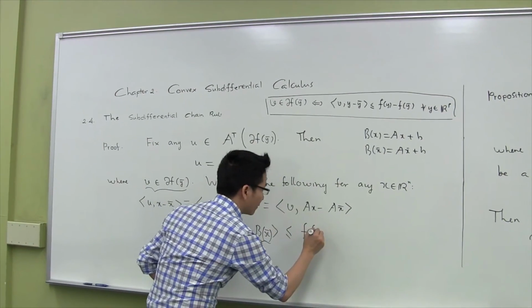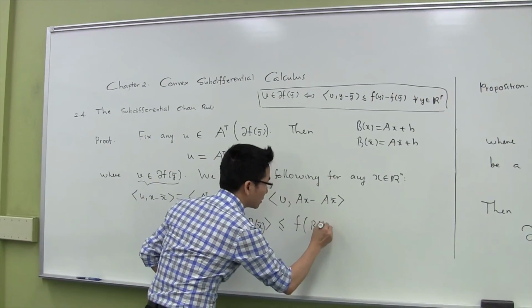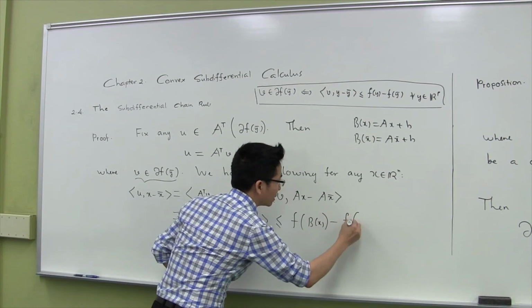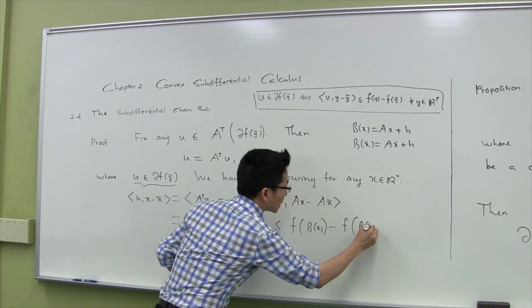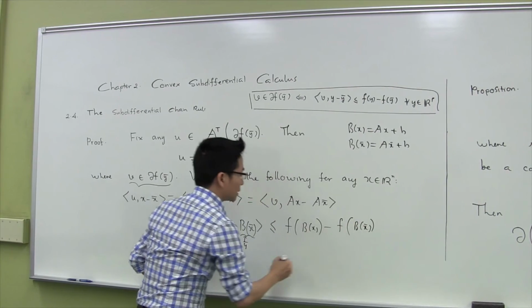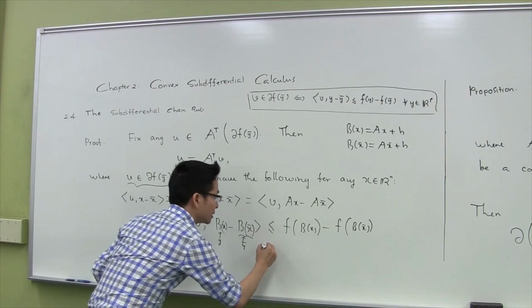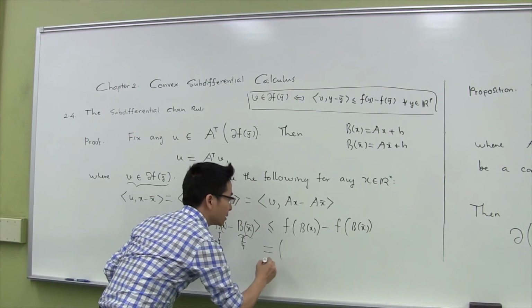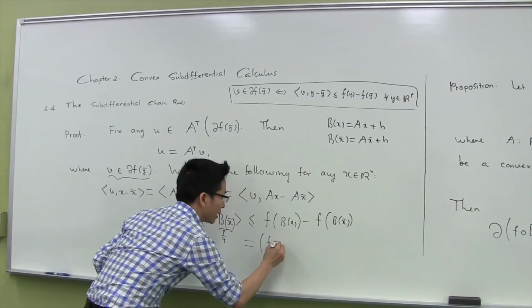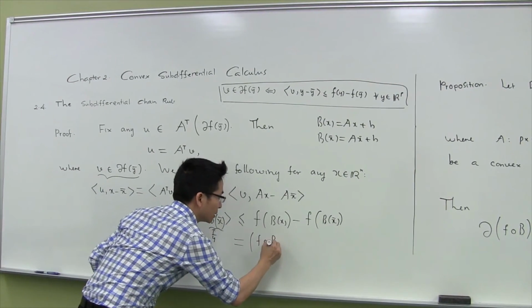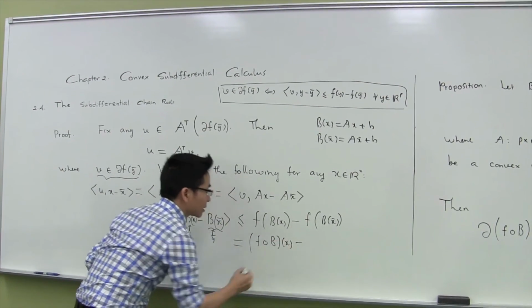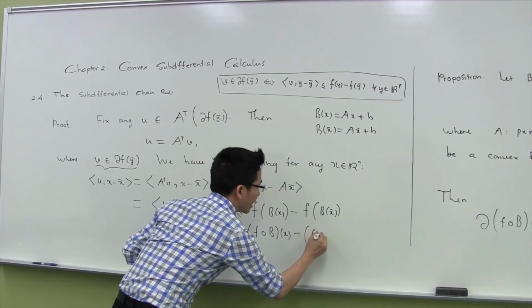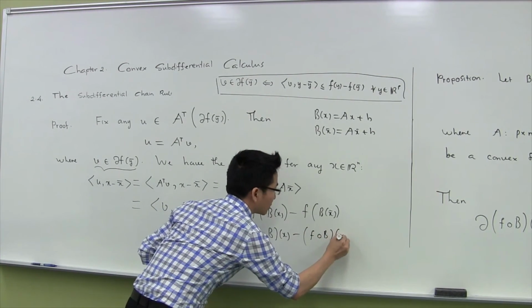So it's f of Bx minus f of B of x bar. So by definition, this is just the same as the composition of f and B of x minus the composition of f and B of x bar.